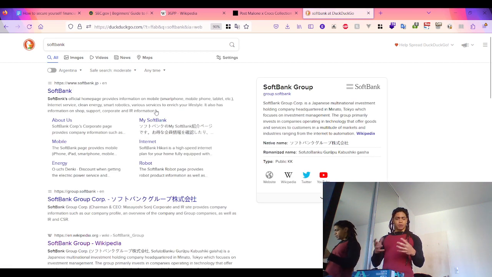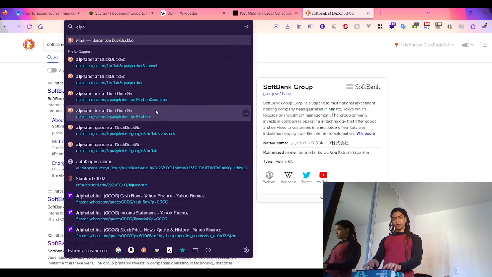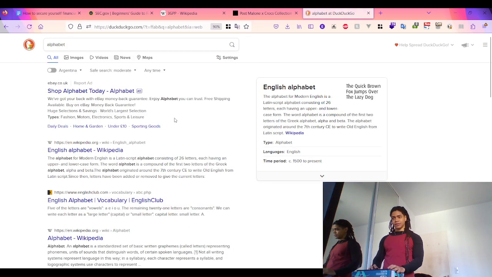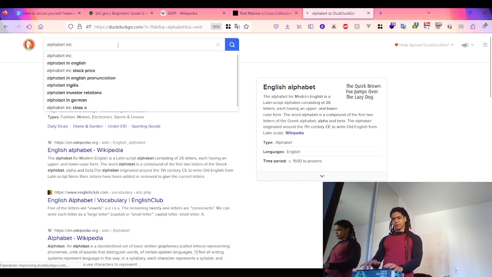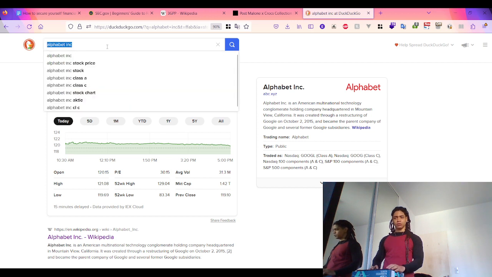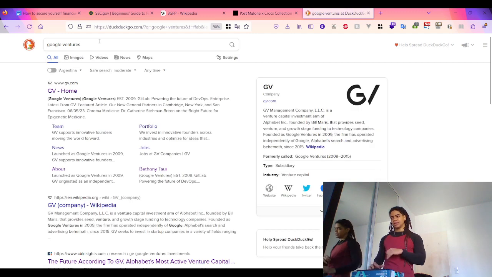that primarily invests in technology companies such as Uber, WeWork, Airbnb. Alphabet, which is the Google parent company, Alphabet Inc., again invests primarily in technology companies. They do that through its venture capital arm called Google Ventures.